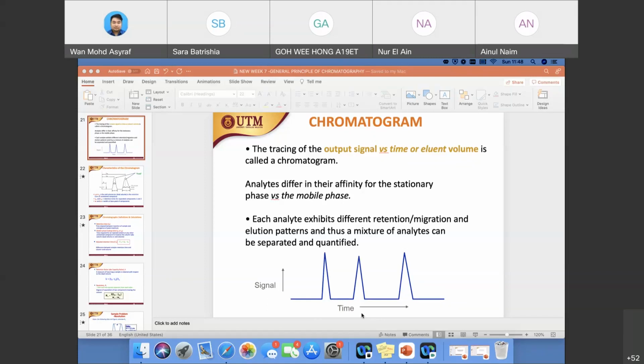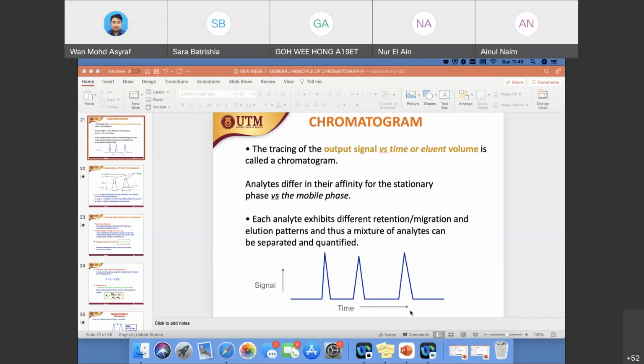It is a different situation with C. C eluted last, which means that C has the higher interaction with the stationary phase. It takes time to follow the mobile phase and elute, so it is eluted last.